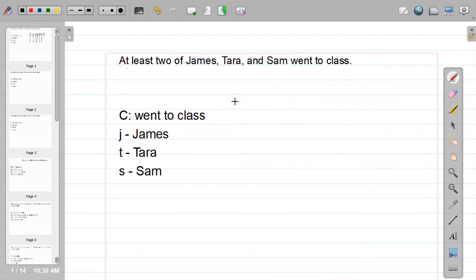At least 2 of James, Tara, and Sam went to class. At least 2 of them did. How should we say this? Well, so how do you say James went to class? Let's start from there. So CJ. Tara went to class, CT. Sam went to class, CS.